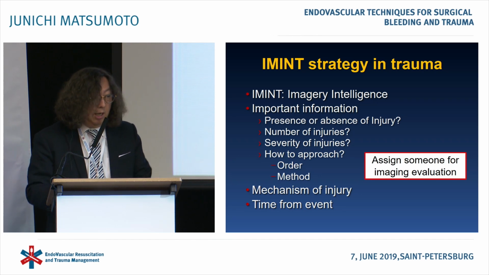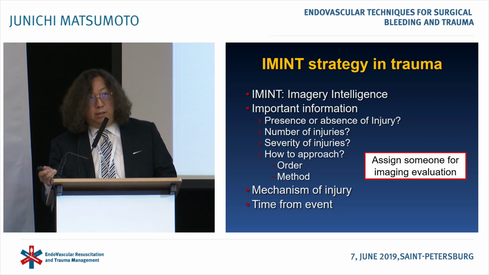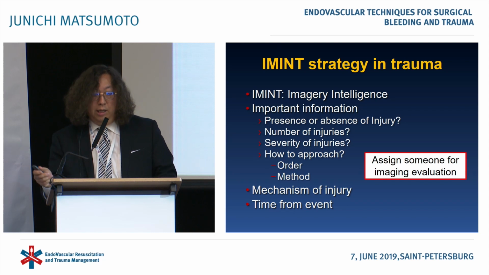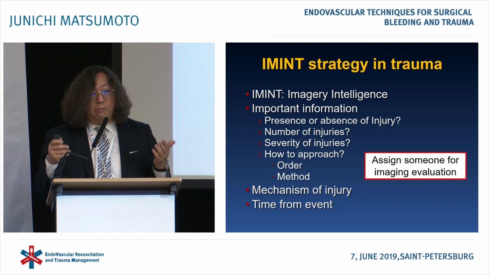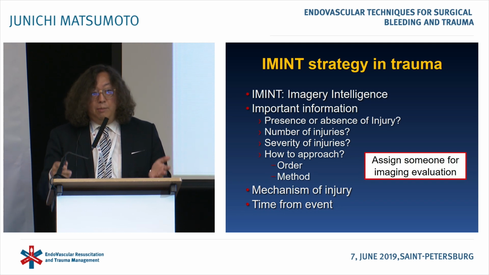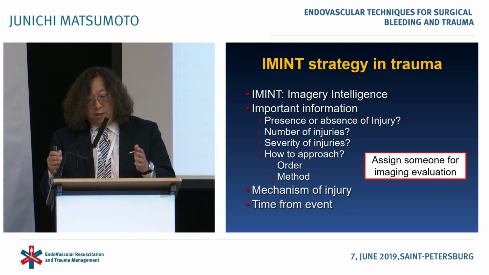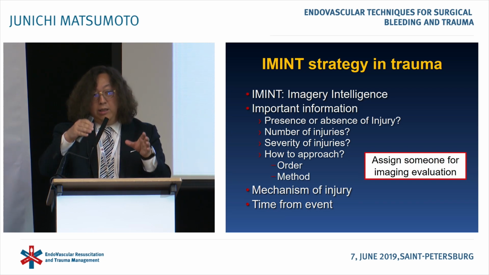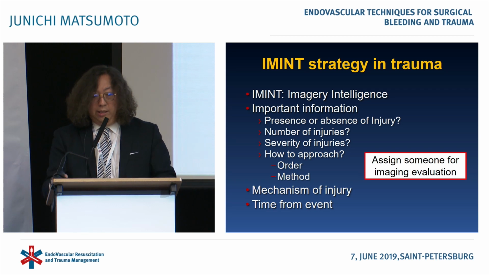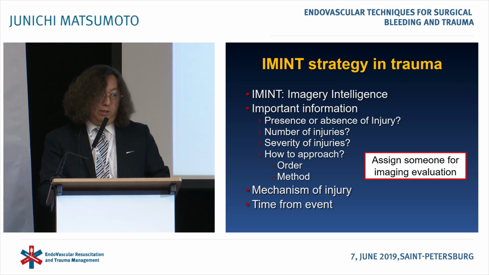That's why I emphasize that you need to put someone to evaluate images. And you may say, no, we have radiologists, but the important thing is not to put someone in the reading room. You have to put someone in the team by the patient. That is what IMINT strategies mean for us.